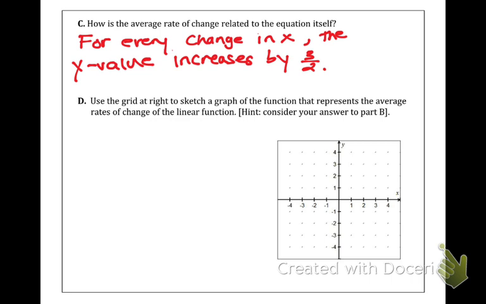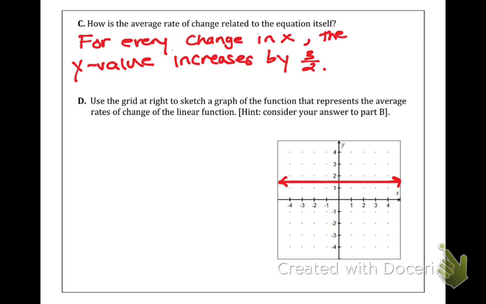For part D, we use the grid at the right to sketch a graph of the function that represents the average rates of change of the linear function. What did we say the average rate of change was? It's constant, but constant at what value? It's constant at 3 halves the whole entire time, so we make a horizontal line at 1.5. The slope of that line will be 0.